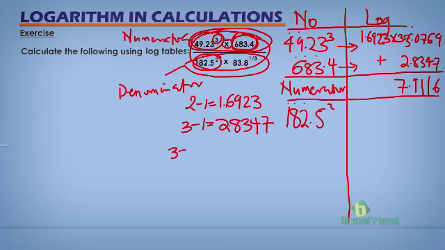So if we subtracted 1 from 3, we would have 2. It means that the logarithm of 182.5 would start from 2 point and then would have a fractional part. So our logarithm will be 2 point something.